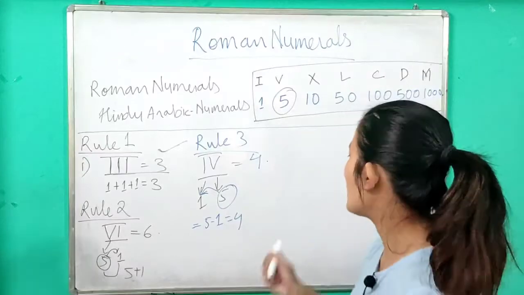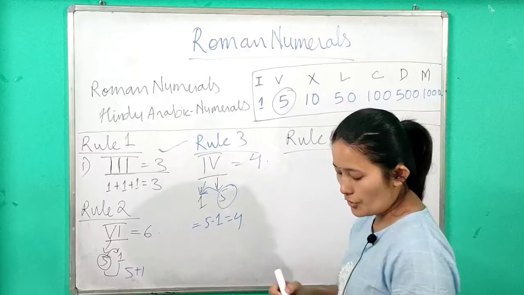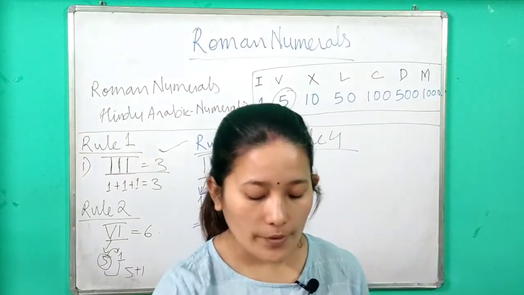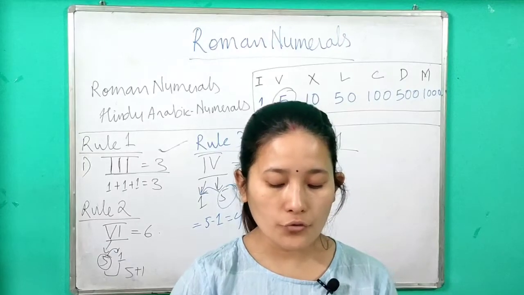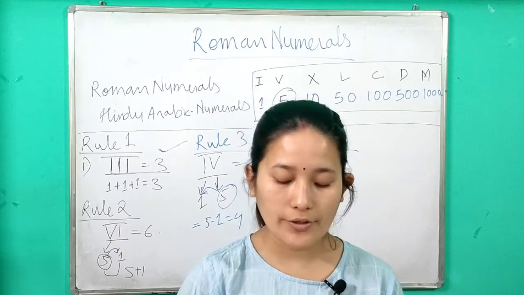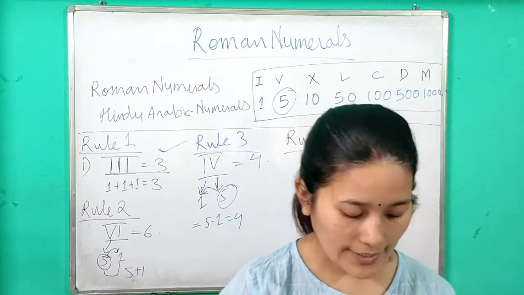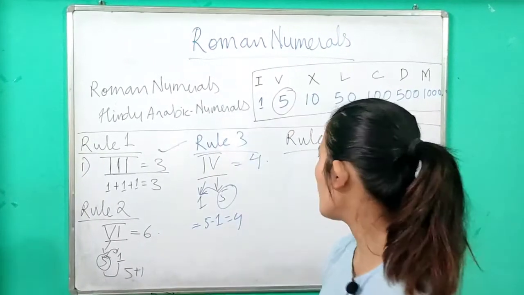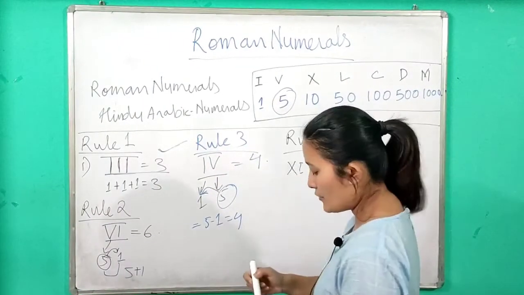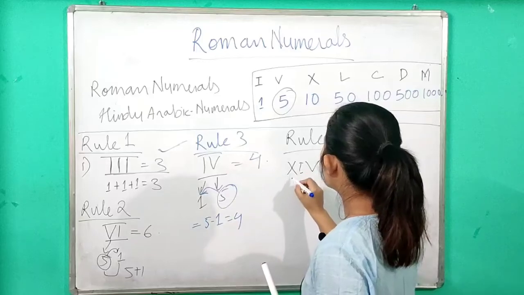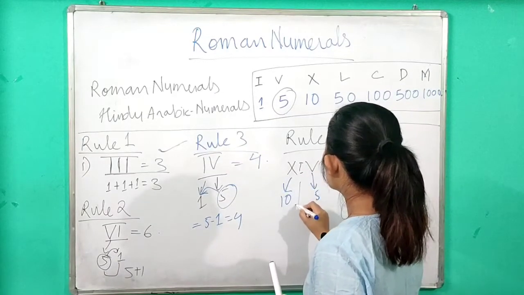Now let's go to rule number 4. According to the rule, a symbol of smaller value put between two symbols of greater value is subtracted from the symbol on the right. X means 10, V means 5, I means 1.